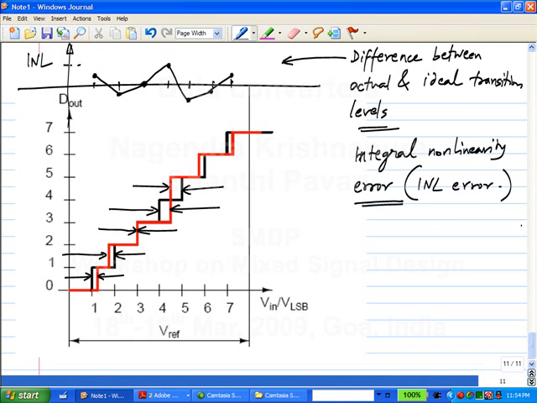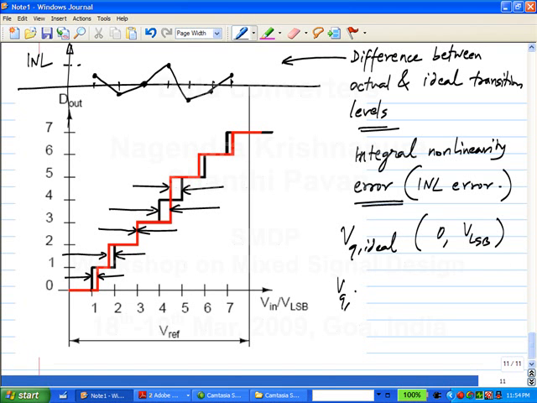What is the maximum value of INL you can tolerate? I already said that I will tolerate... So VQ ideal goes from 0 to VLSB.